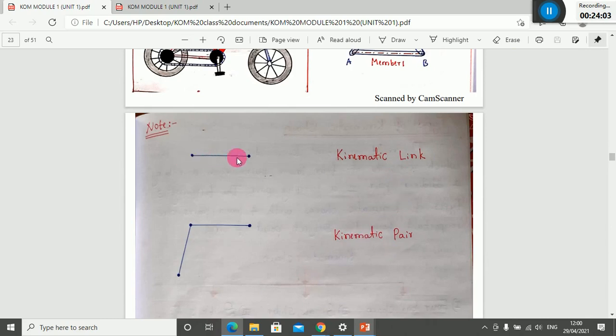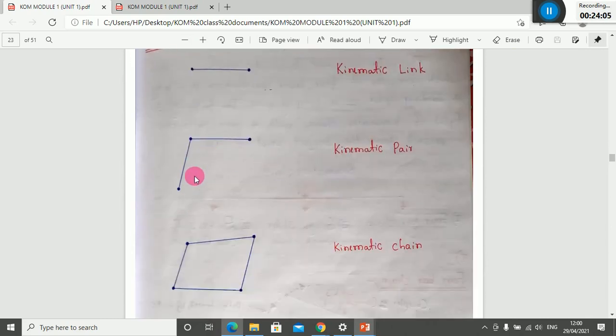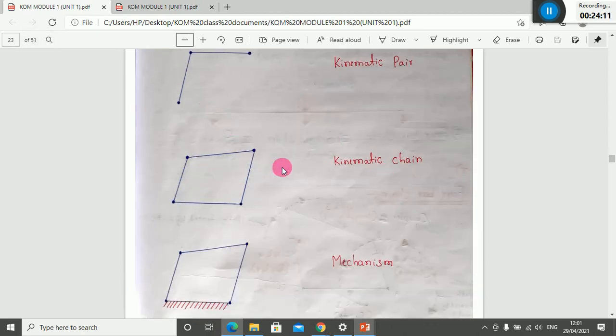This is one kinematic link. This is a kinematic pair, a group of 2 links. Kinematic chain means a group of so many pairs: 1 pair, 2 pairs, 3 pairs, and 4. A group of kinematic pairs is known as a kinematic chain.